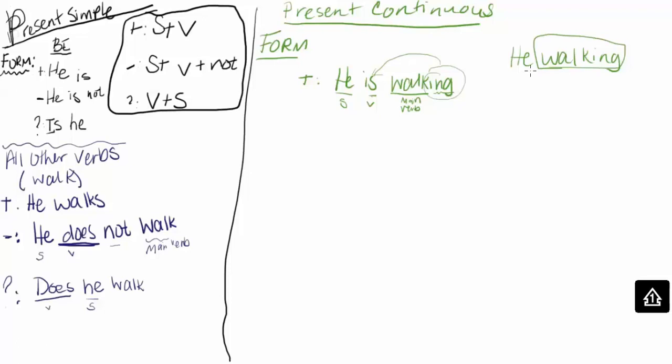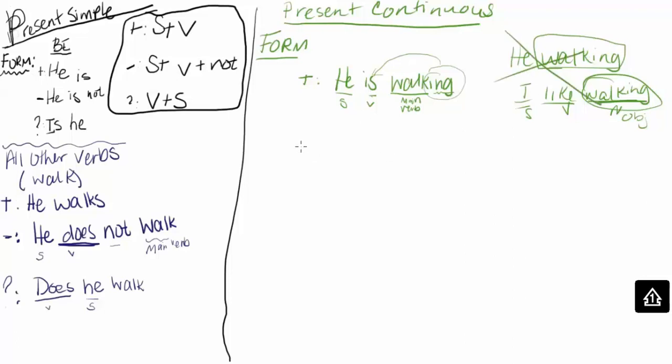It can be used as a gerund, meaning as a noun, like I like walking. But this is not a verb. This is now a noun. This is the verb, this is the subject, this is the object. It is not a verb. So the ing form of the verb is not a verb until it has is, are, or am.